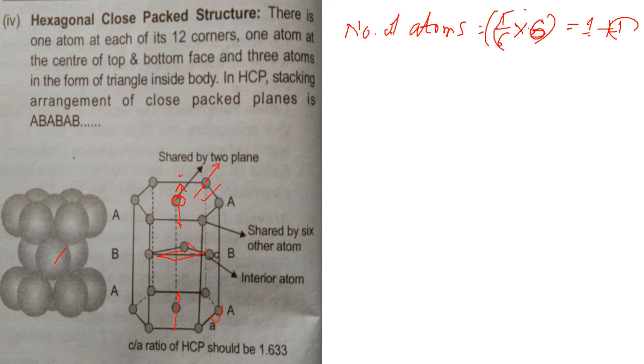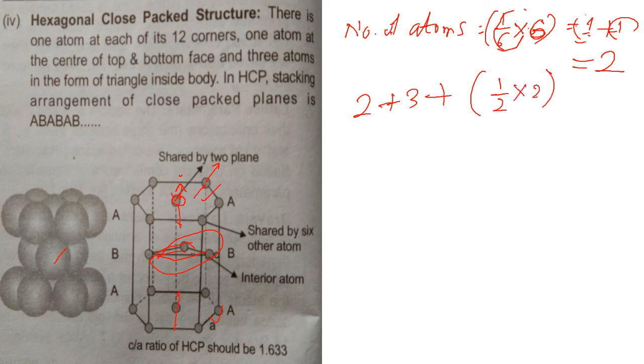So for the top face it is 1 and for the downward plane 1, total 2, and inside 3, so 2 plus 3. Then the face center atoms have half inside and half outside, meaning half into 2, for the two planes. Total number of atoms is 6.